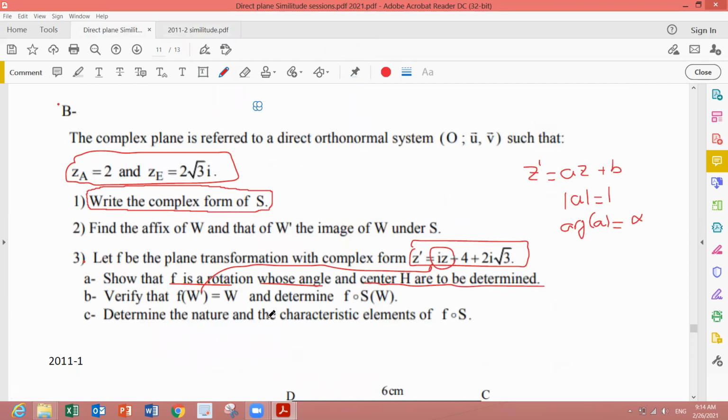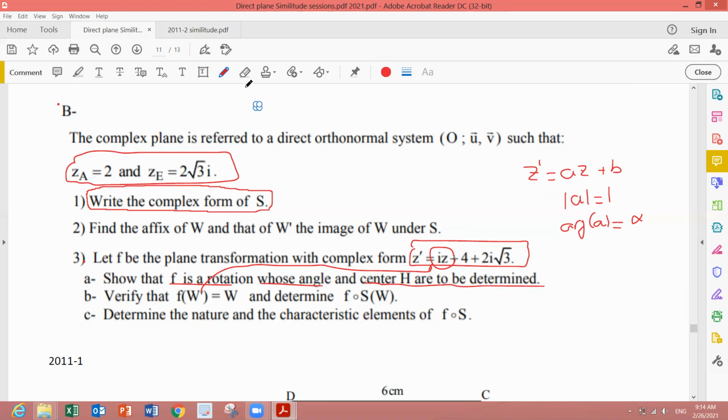The last part: determine the nature and the characteristic elements of F round S. What will F round S be? The composite of a rotation and a similitude is a similitude. We do K times K prime, so what do we get? 1 times radical 3. What is the nature?